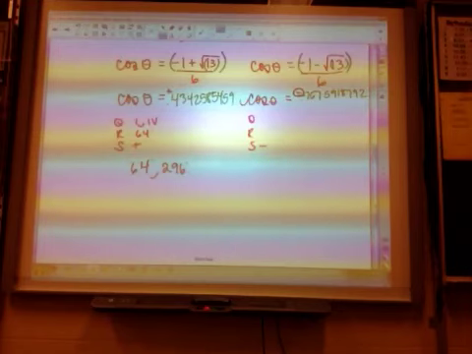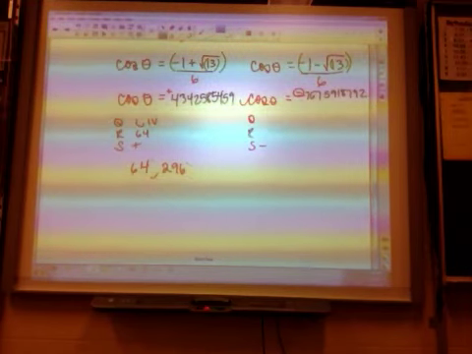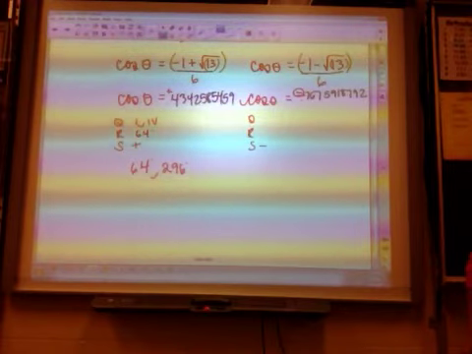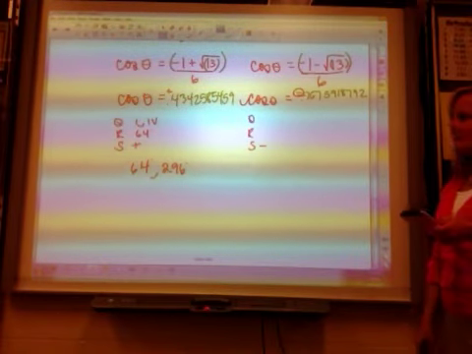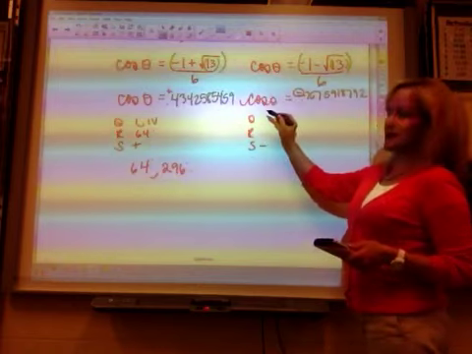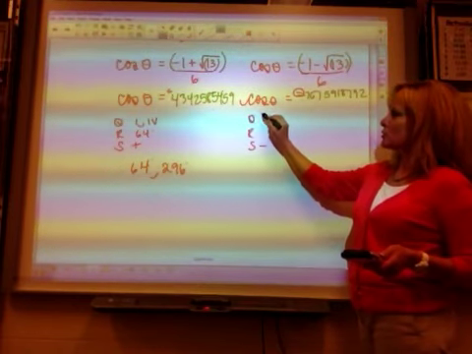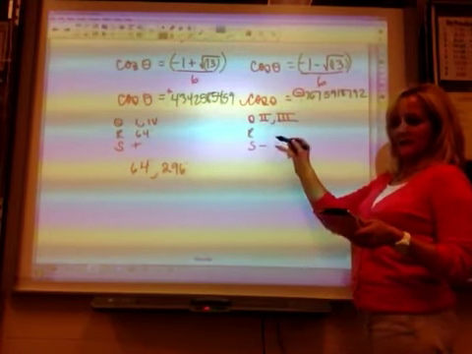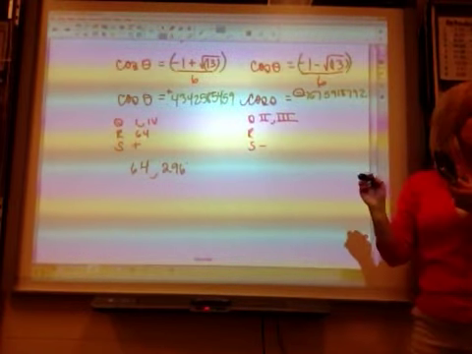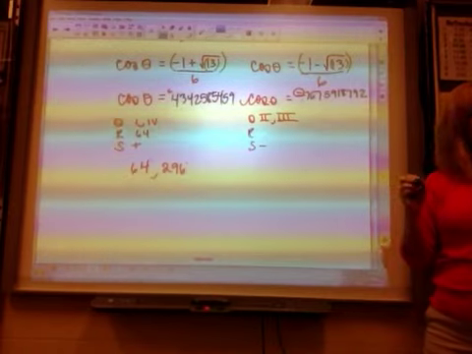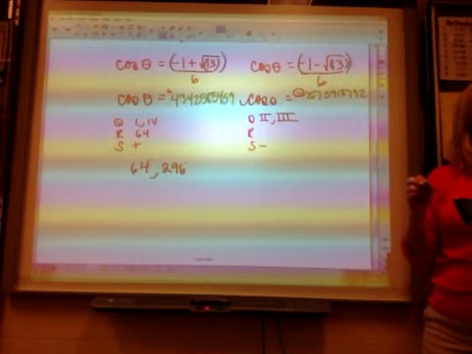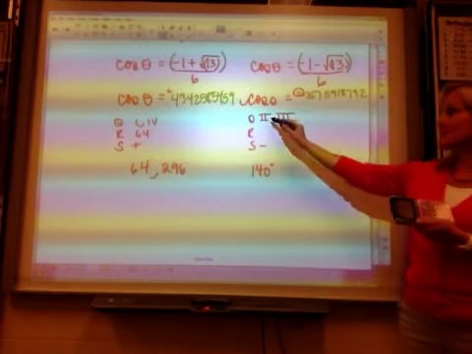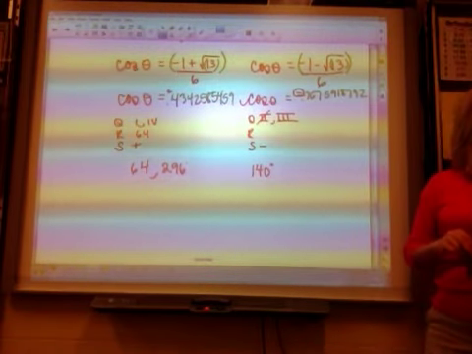Crazy cosine. 40. So, where's cosine negative? 2, 3. Your calculator says 140. Is that a reference angle? No. It's actually one of the answers. It's the quadrant 2 answer.